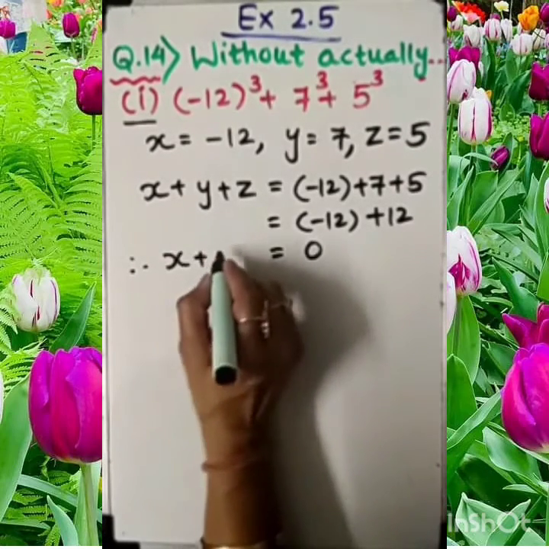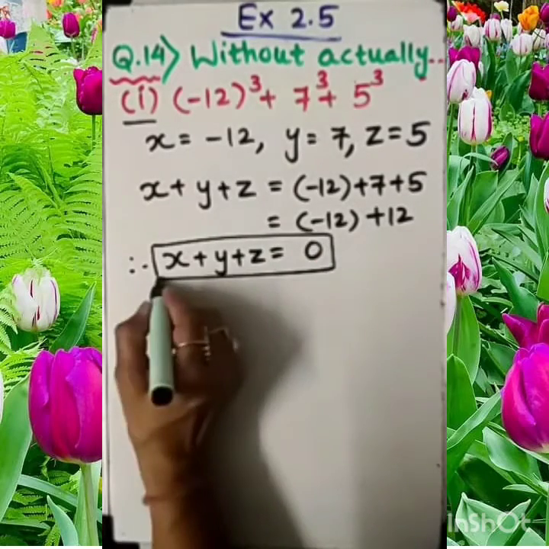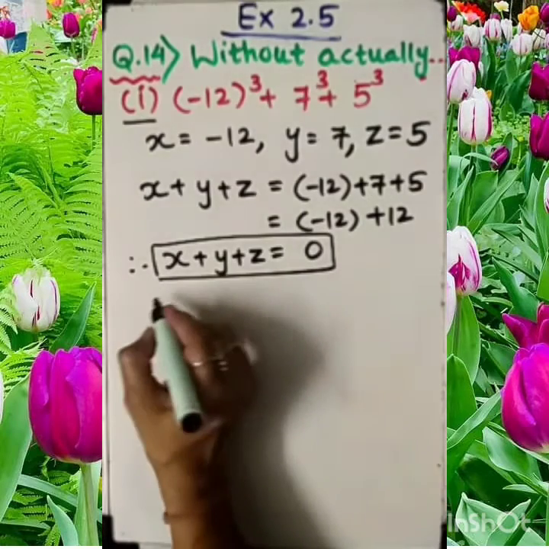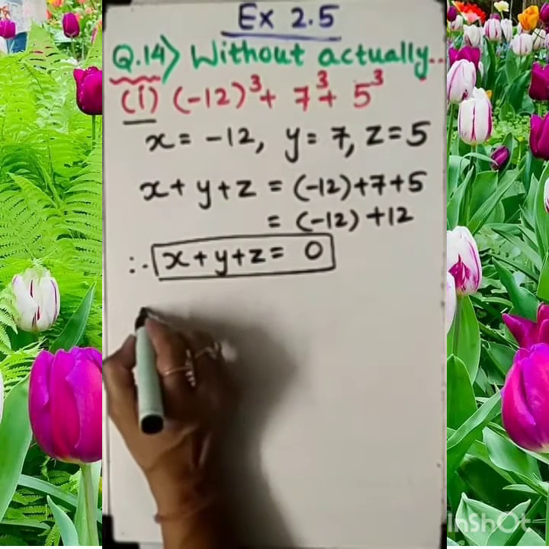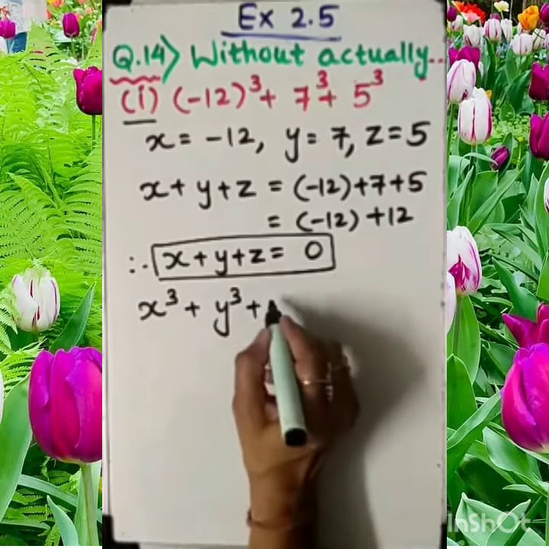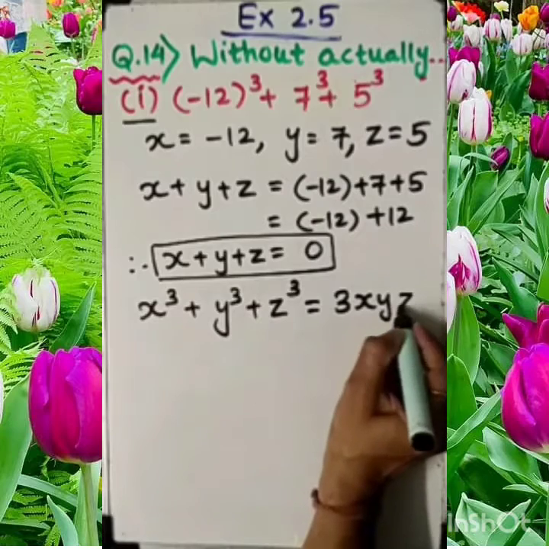You know, dear student, when x plus y plus z equals 0, then simply we can say the identity: when we apply the cube of all these, x cube plus y cube plus z cube equals 3xyz.